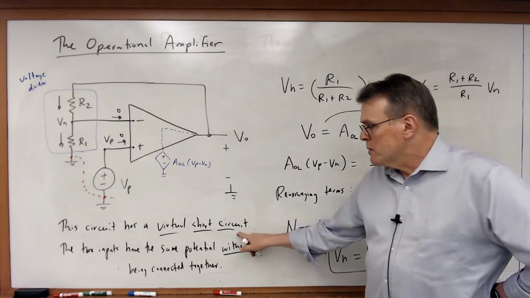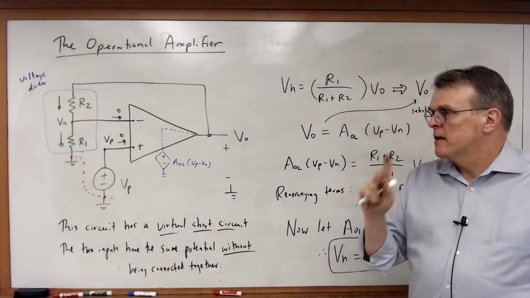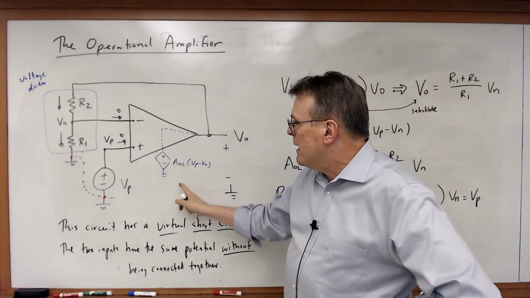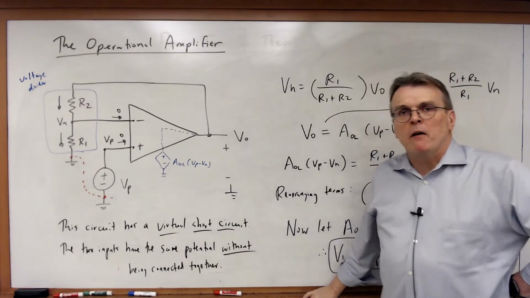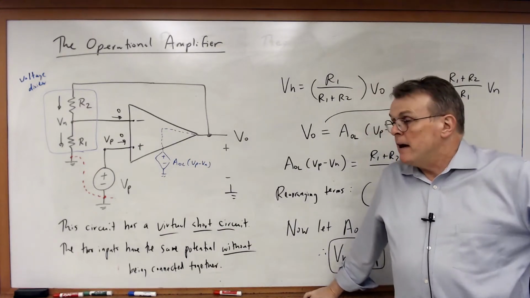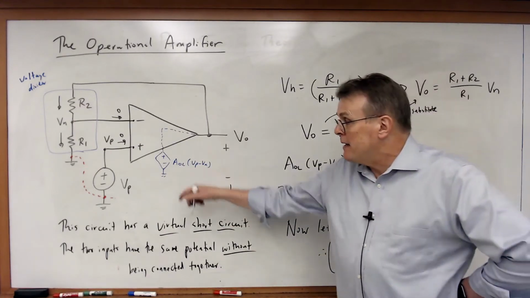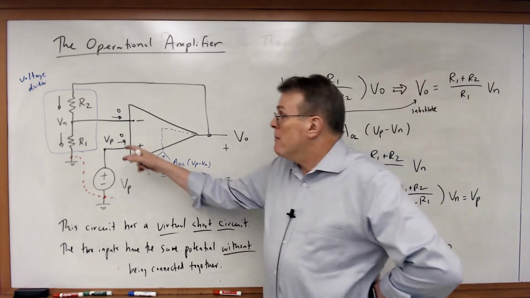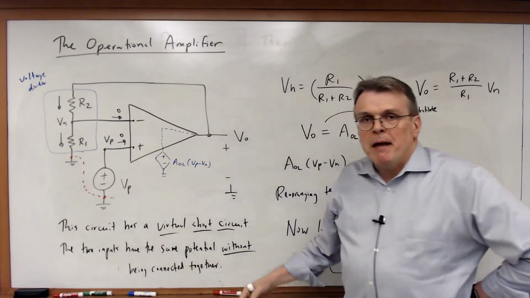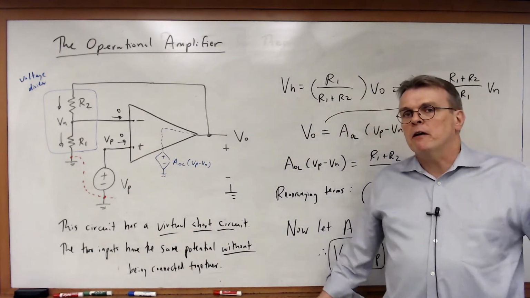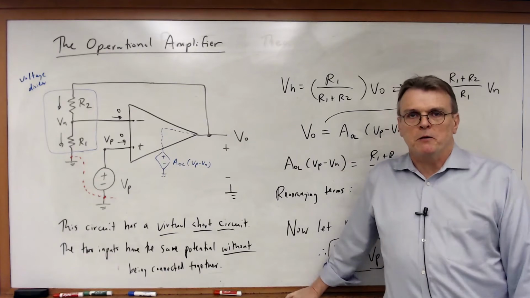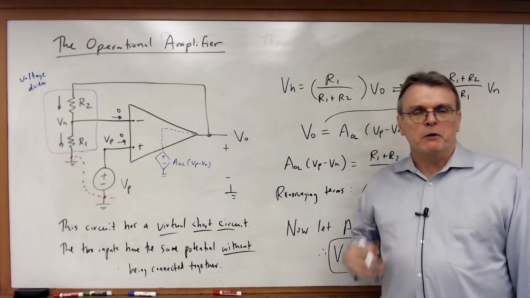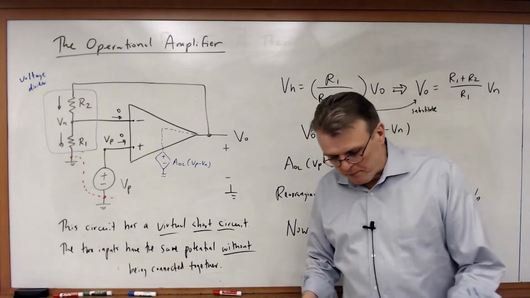This virtual short circuit is a consequence of two things: the negative feedback and the fact that the open loop gain goes to infinity, becomes very, very large. Now what you'll find in a real op-amp, the open loop gain is not infinity, but it's still very, very big, such that in a real op-amp, these voltages will be separated maybe by microvolts. There's a very, very small potential difference between the two. But as far as we're concerned, they're effectively at about the same voltage, and we're going to treat them that way from an ideal point of view.